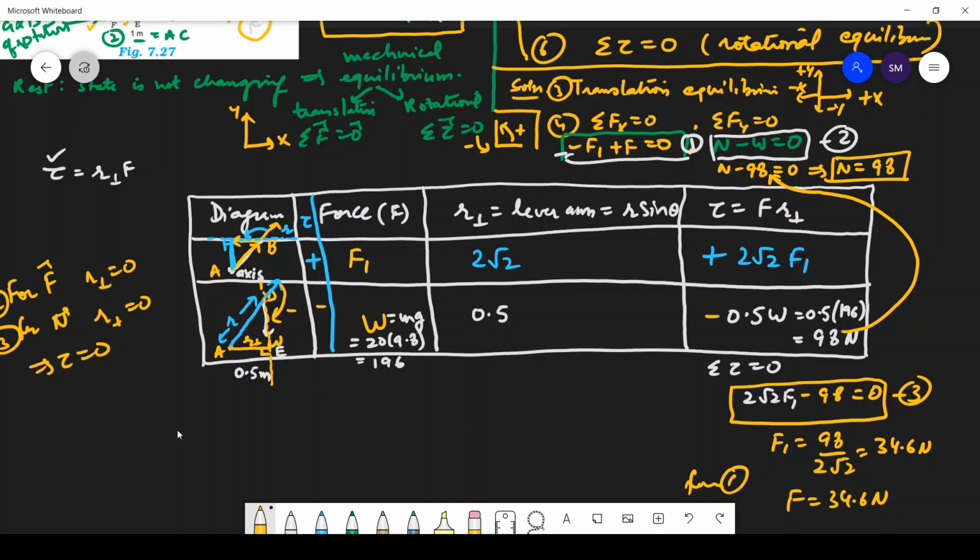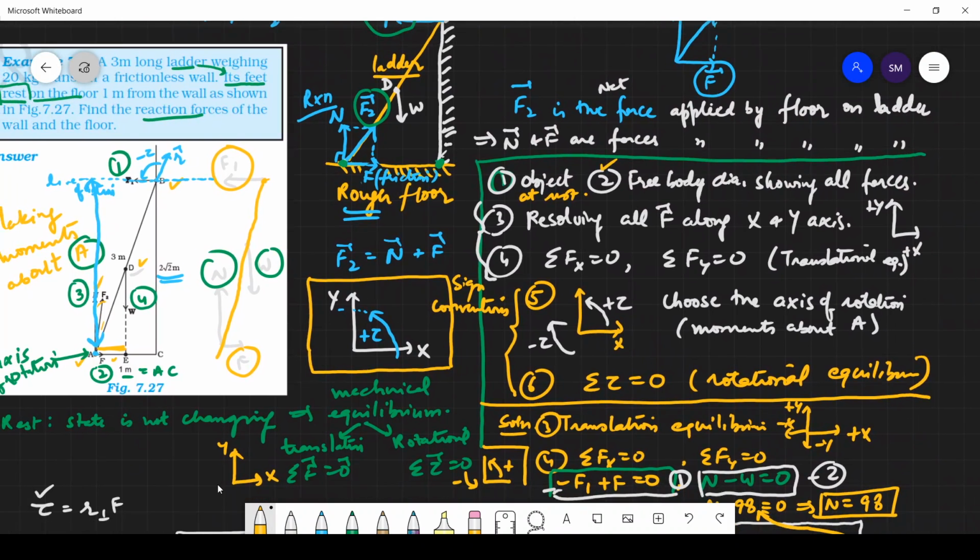So what was your target? To find the reaction forces. So the first reaction force was perpendicular to the wall, that is clear. So you have to find F2 and F1.